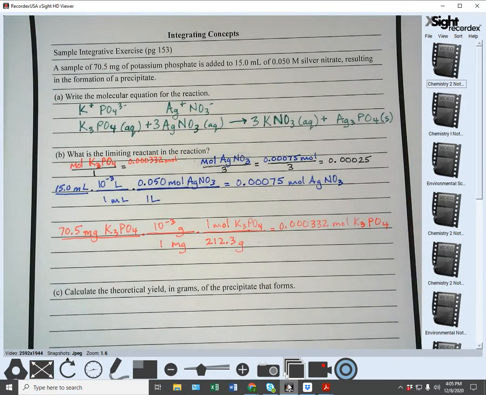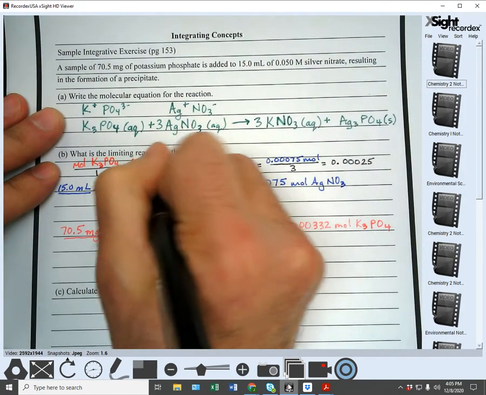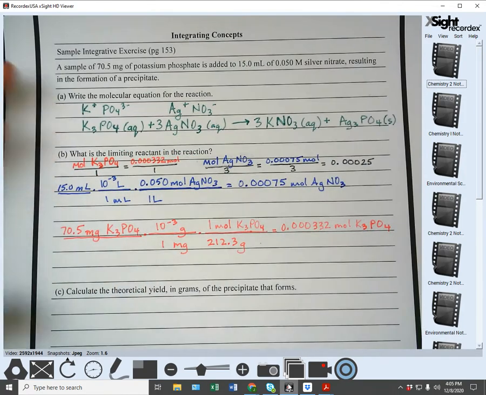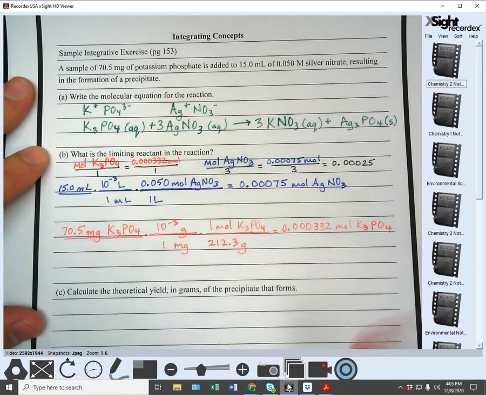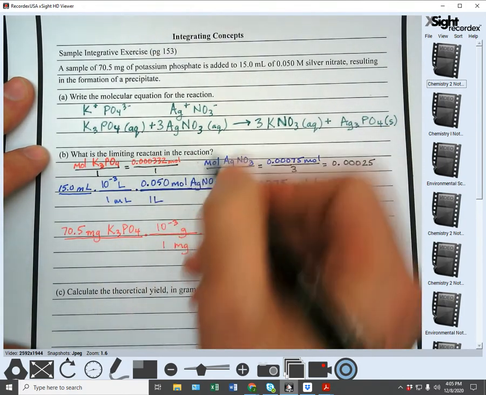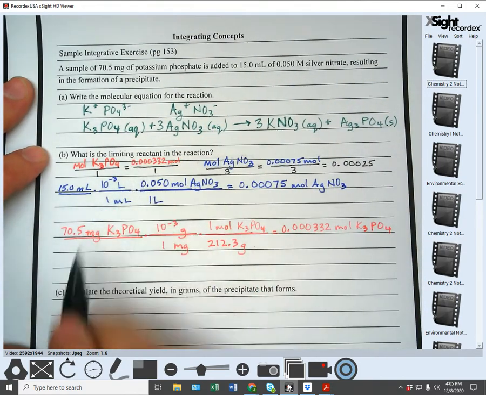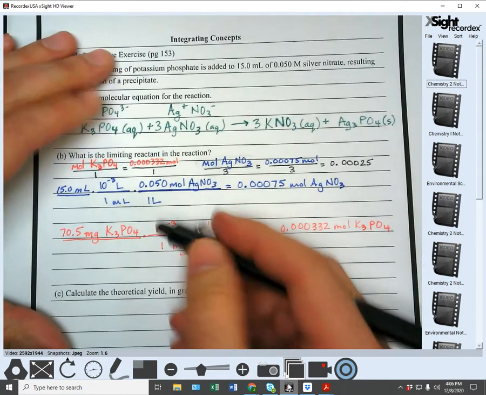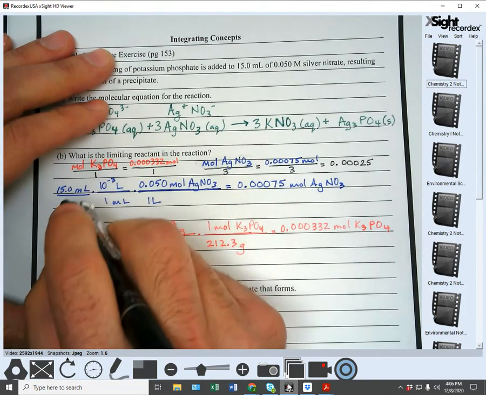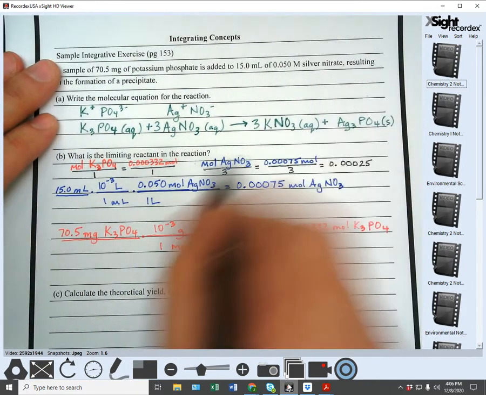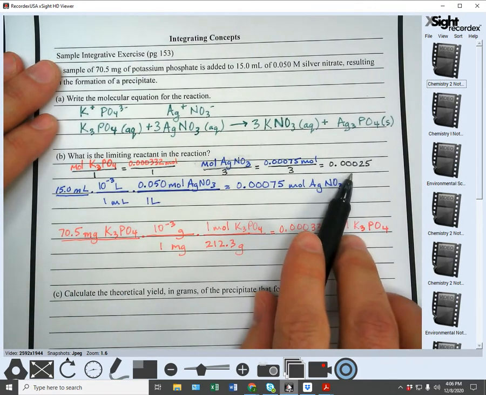And I'm running out of room. Oh, but that's just the same, right? That's just going to be because it's just divided by 1. So actually, well, that's fine. Okay, so we're comparing this and this.